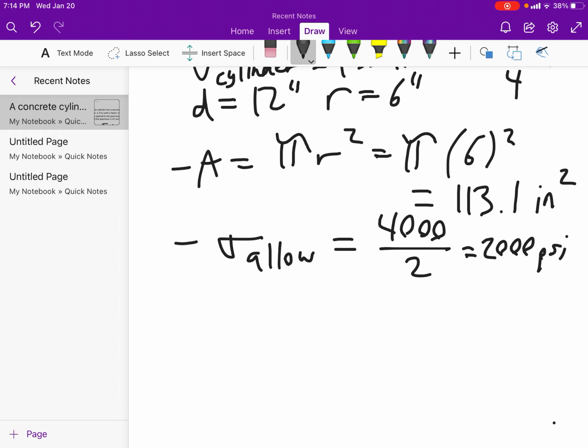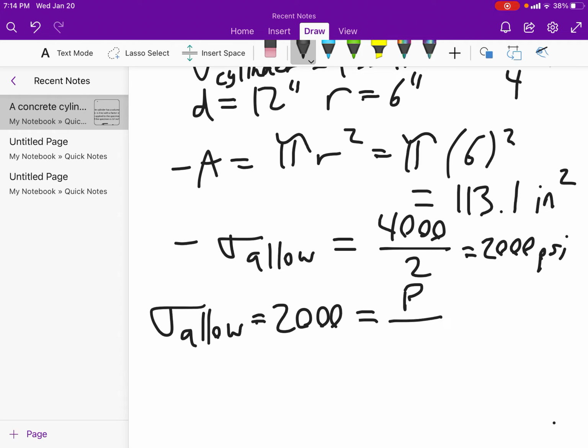So we're going to move on to our final step, which is finding the maximum load that can be applied to the specimen without it failing. So the allowable stress, 2,000 psi, equals P, which is our applied load, divided by the cross-sectional area, which is 113.1.